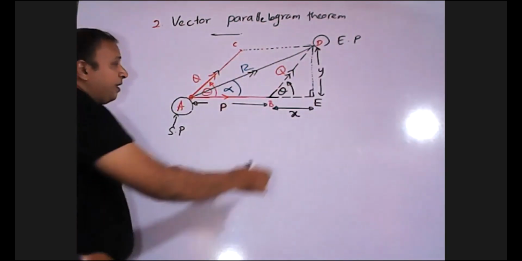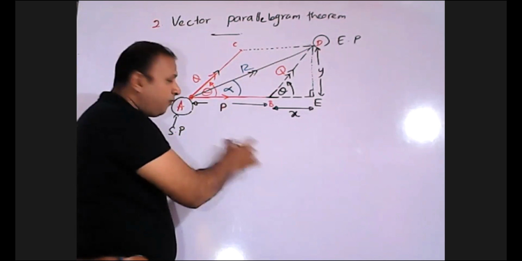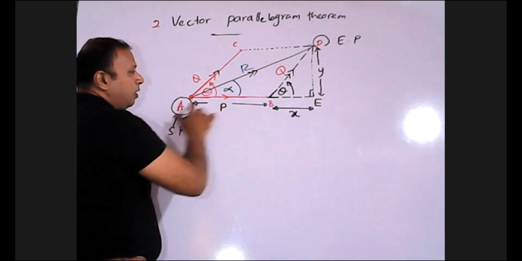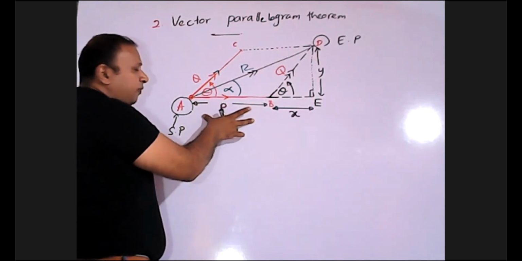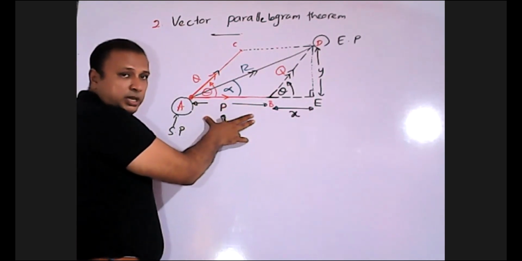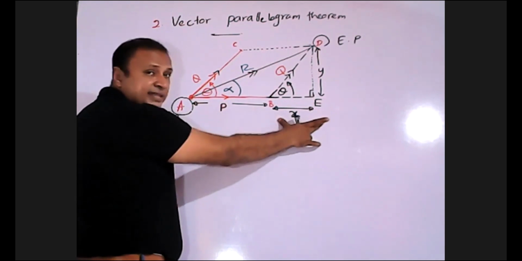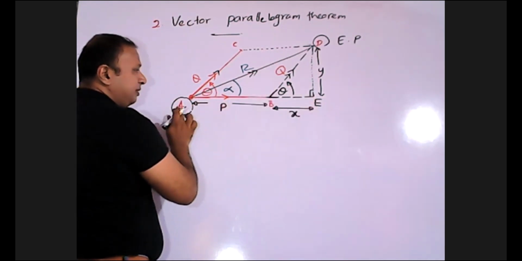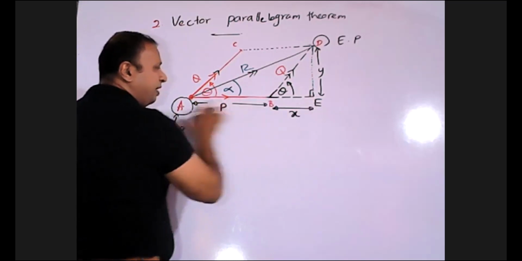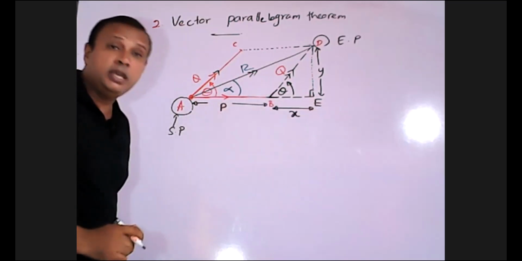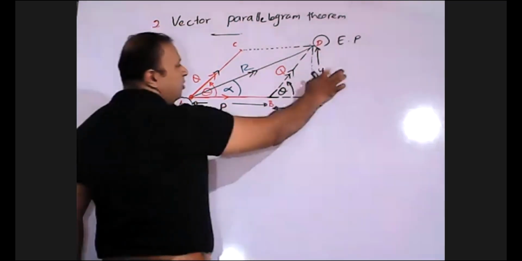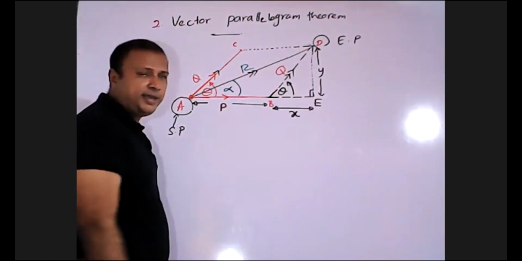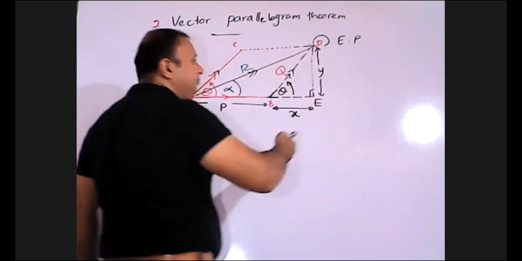If I know the value of x, I will know AE length, because I know the length of AB. Length of AB is P. Length of AE is equal to P plus x. Then if I know the value of y, I know the length of DE.